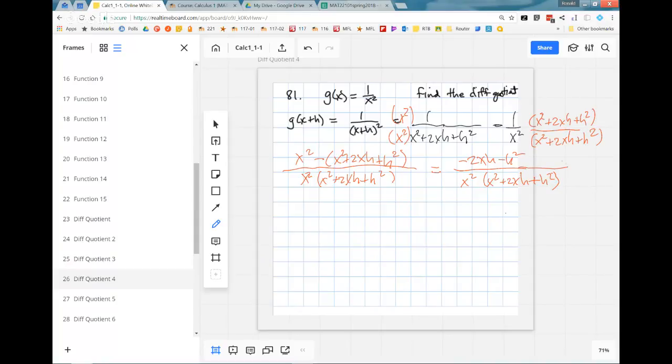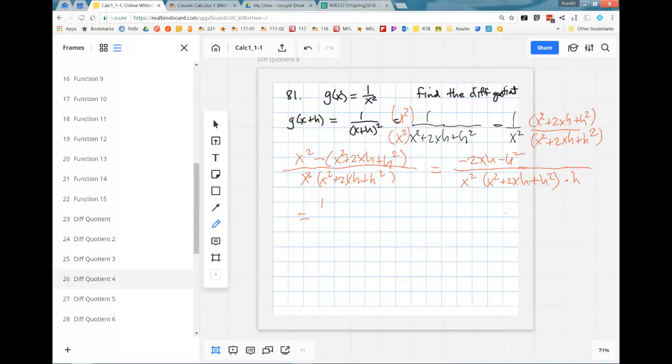All right, so now we're down to that point. And we still haven't divided by h. So I'm going to divide by h now. And all I have to do to divide by h is to put an h in the denominator. And we can simplify the numerator just a little bit, right?